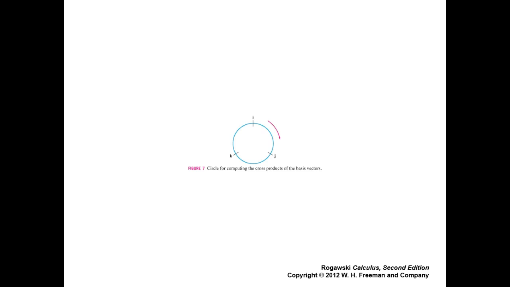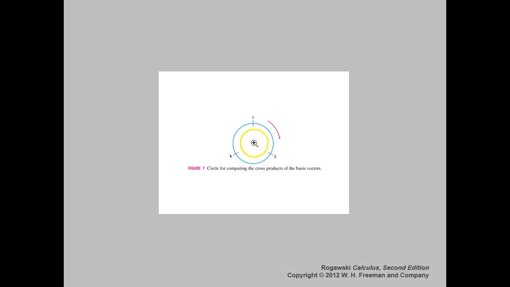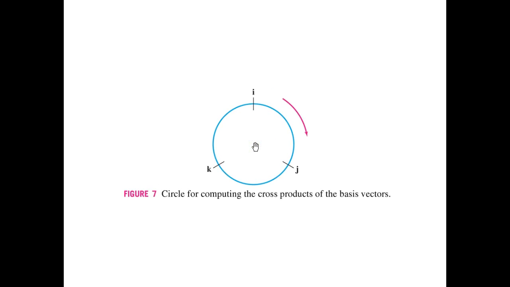Okay. Here's another way to express what I was just saying about the ijk. As long as you go clockwise here, you're going to have i cross j is positive k, j cross k is positive i, k cross i is positive j.